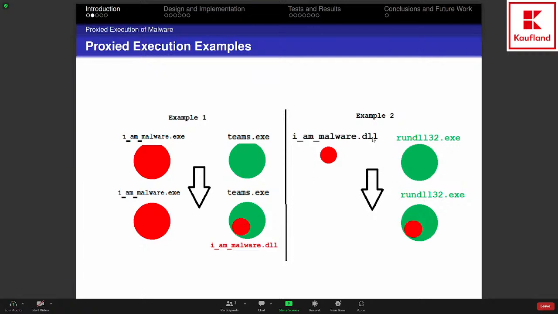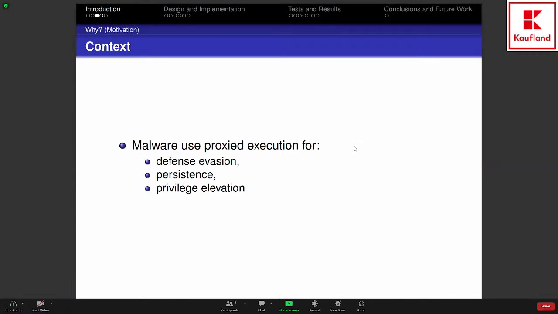Another similar scenario: on Windows you also have several methods which are designed, so they are not bugs or vulnerabilities, to execute DLLs or execute different types of code. Malware can use that, and they often do, to simply execute in the context of a process which from the outside seems clean.